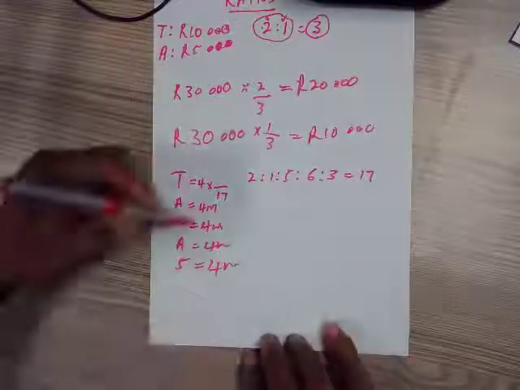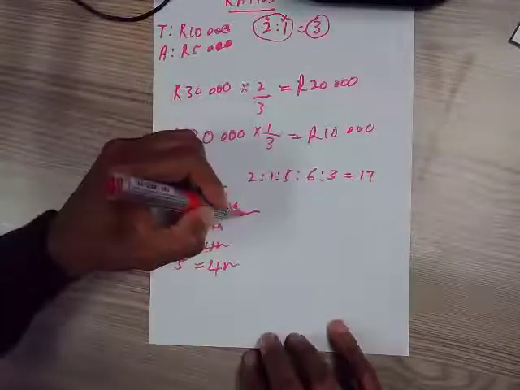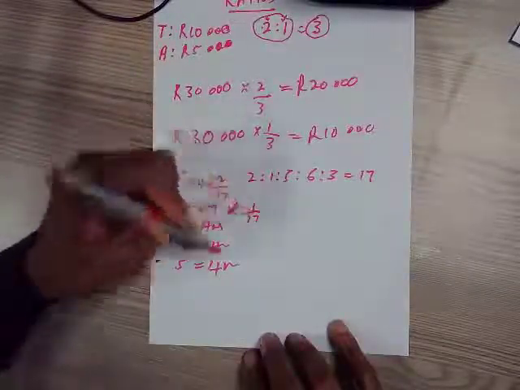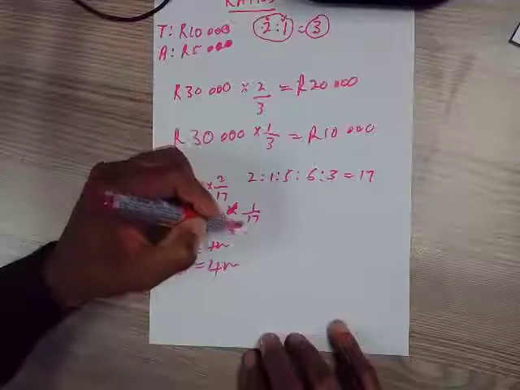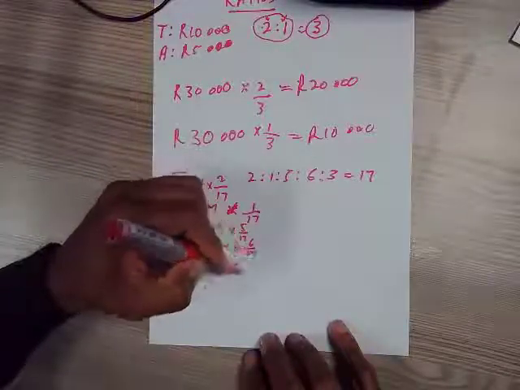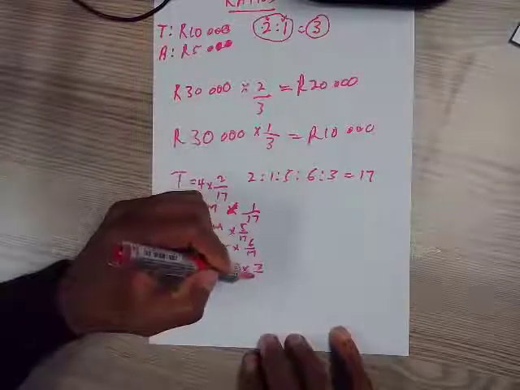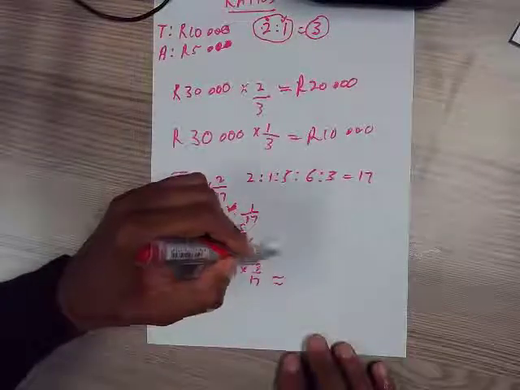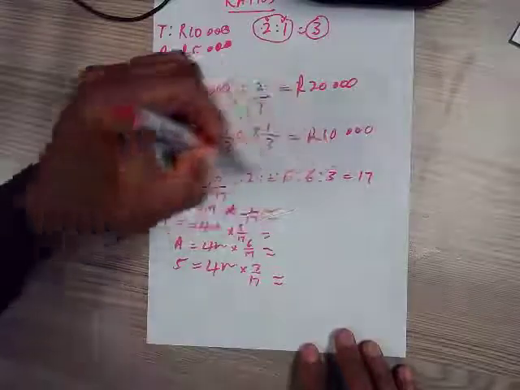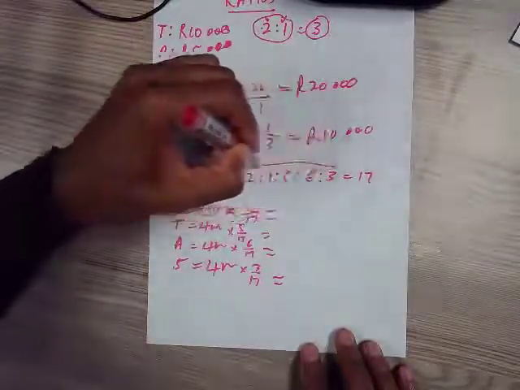Hope this makes sense. Each individual's share is their portion over 17, for example 6 over 17 multiplied by 4 million, or 3 over 17, and so forth. That is going to give you the exact amount, so this 4 million is shared according to this ratio.